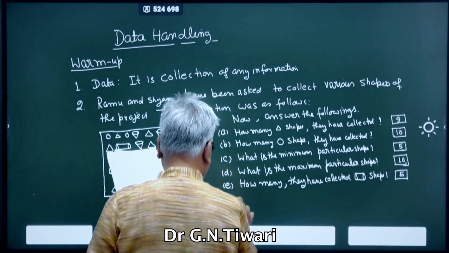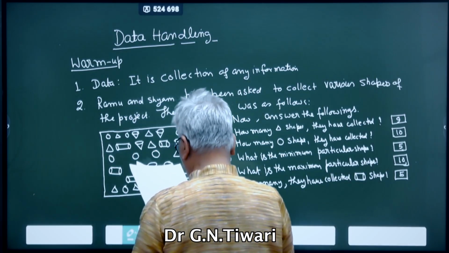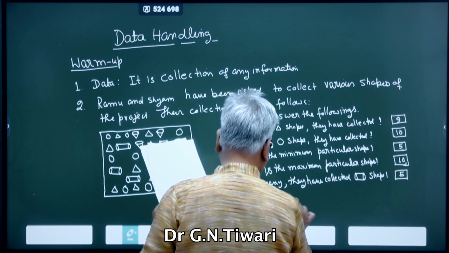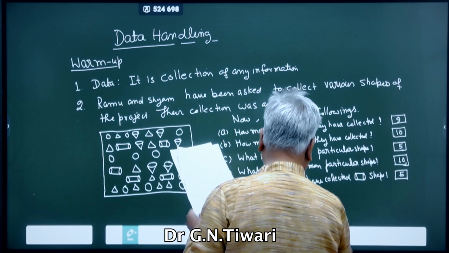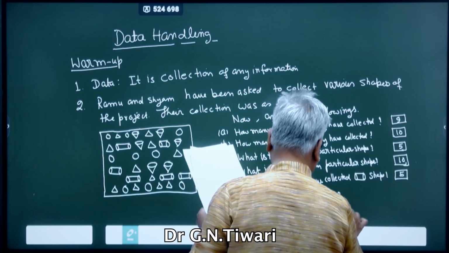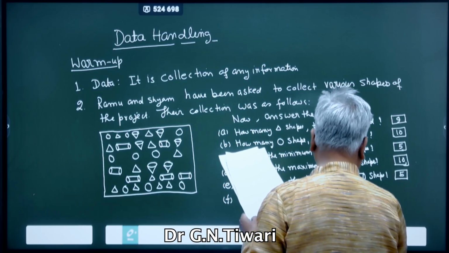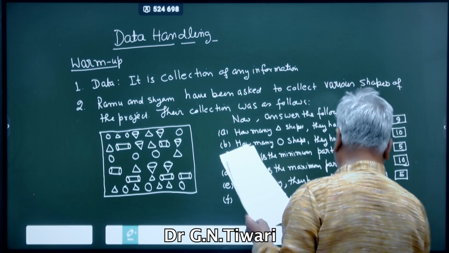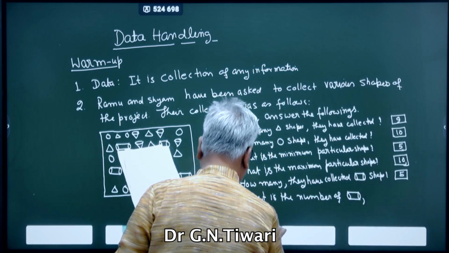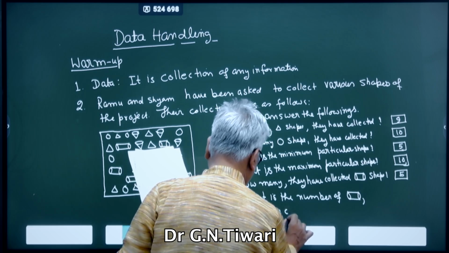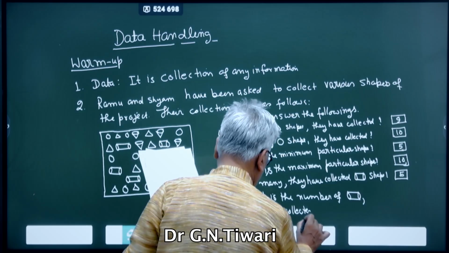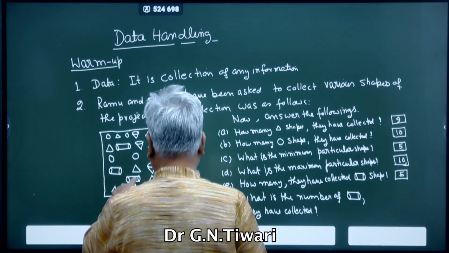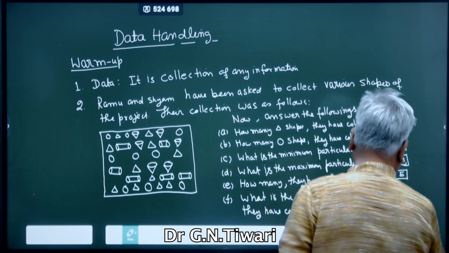Then F, what is the number of cylinders they have collected? अब देखिए यहाँ पर काउंट कर लीजिए सिलेंडर का शेप जो है 1 2 3 4 5 6, so it will be 6.